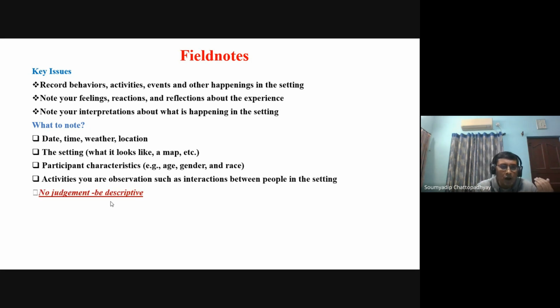Also, this is very important in the context of field notes, and we do not pay enough attention to this aspect. When you are interviewing a certain group of people, you should not pass any kind of judgment while doing that interview.